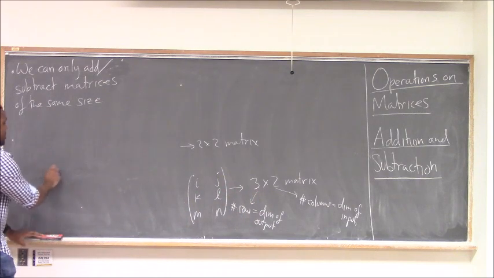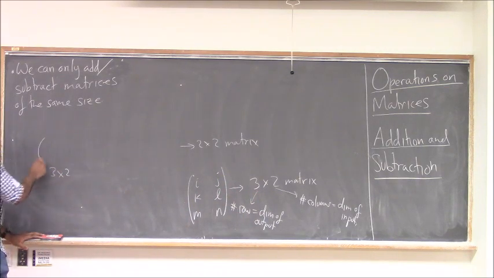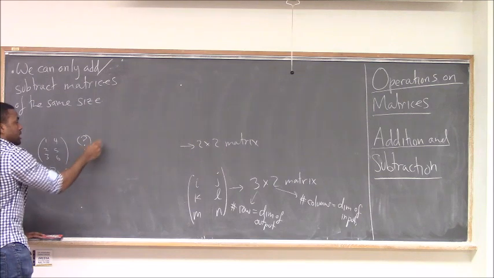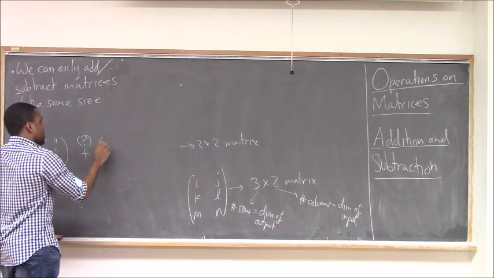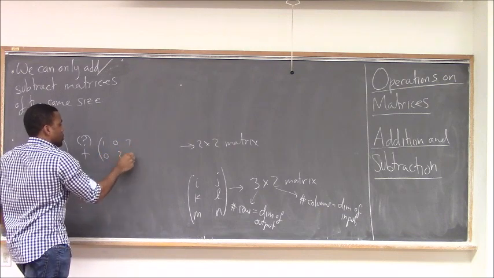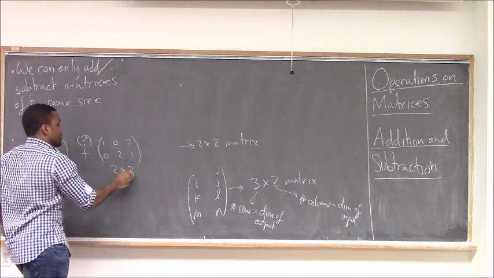Okay. So when you talk about a 3 by 2 matrix, say 1, 2, 3, 4, 5, 6, and you want to add, you don't know if you can do that yet, and you set a 2 by 3, let's do 1, 0, 7, 0, 2, 1. This is a 2 by 3.